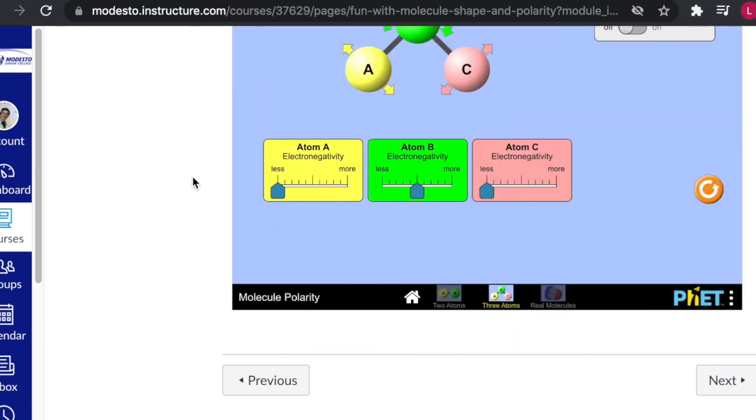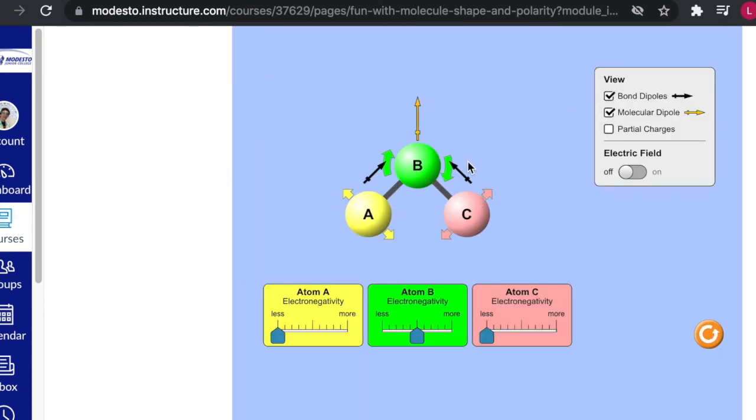Let's do that. So you can look at the bond dipoles in black and then the overall molecule dipole in yellow. And you can look at the partial charges. Even for polar bonds, if overall the molecule is symmetric, the dipoles can cancel each other out, and overall there isn't a molecular dipole.